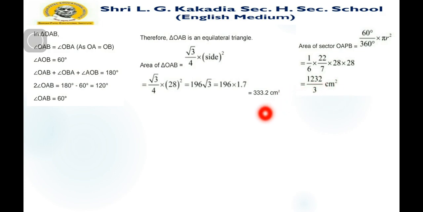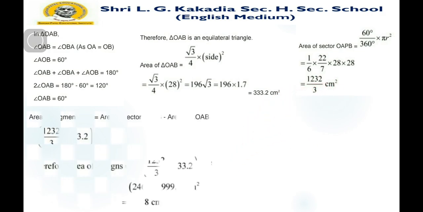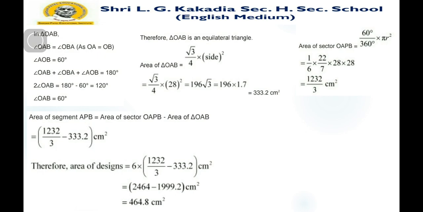Now we want to find the area of the 6 segments. First we find the area of one segment: the area of segment APB is equal to the area of sector OAPB minus the area of triangle OAB. Subtracting, we have this equation. Since 6 designs are given, there are 6 segments. So the area of the design will be 6 times the area of one segment.